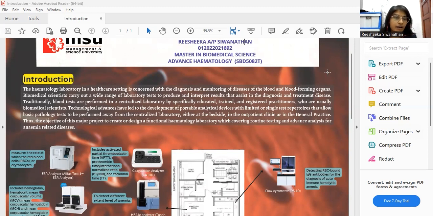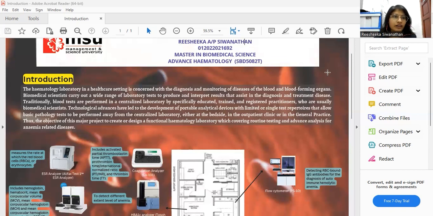Traditionally, blood tests are performed in a centralized laboratory by specifically educated, trained, and registered practitioners who are usually biomedical scientists.